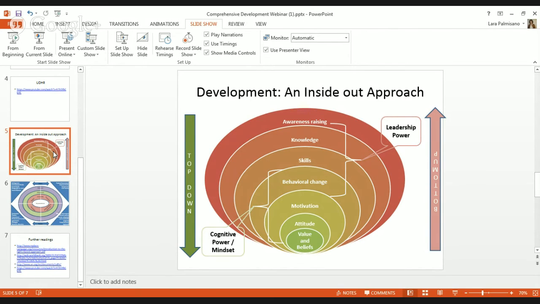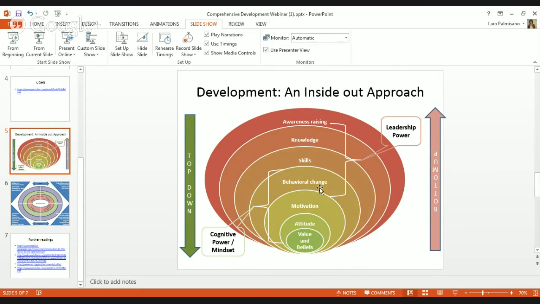If you see at the very bottom of this diagram, the value and the belief is the inside, the very deep rooted beliefs in every individual, which builds our attitude towards every action. And then we also seek the motivation from our value-based system. And then the behavioral change happens towards whatever actions we want to do.